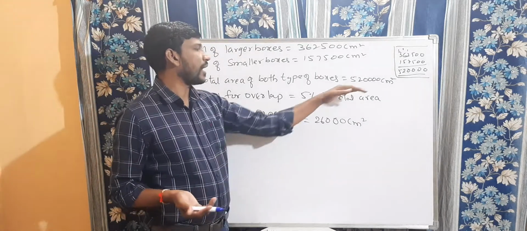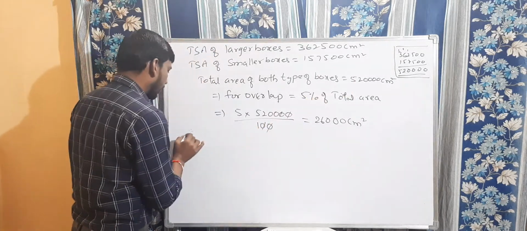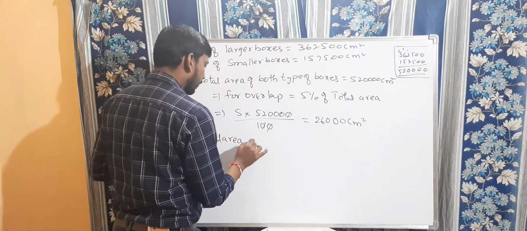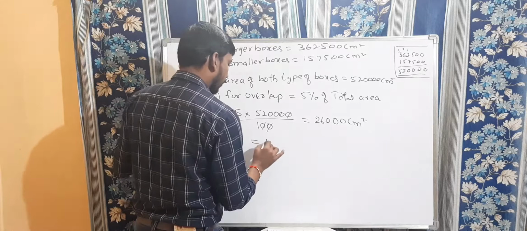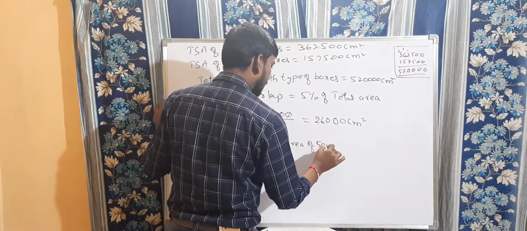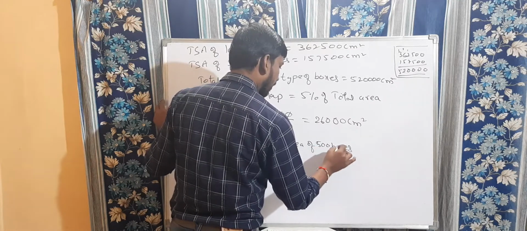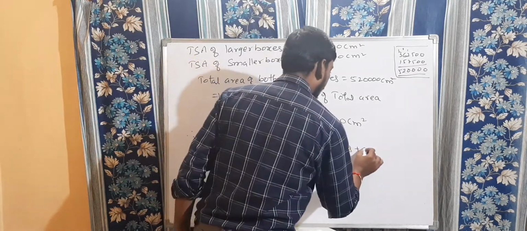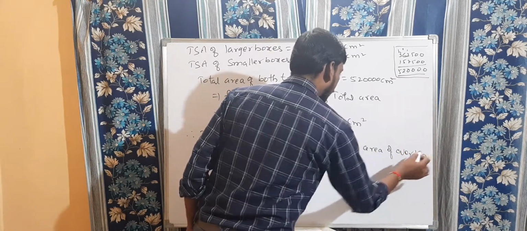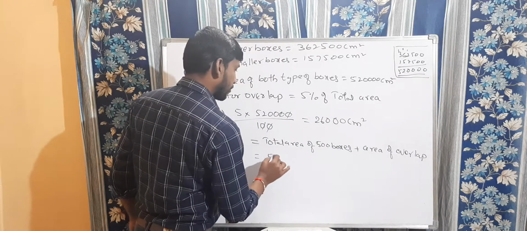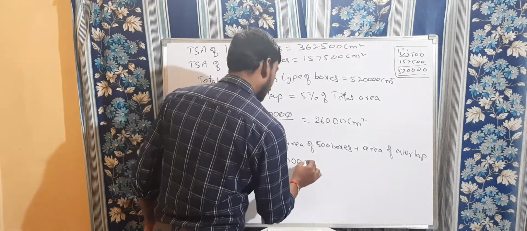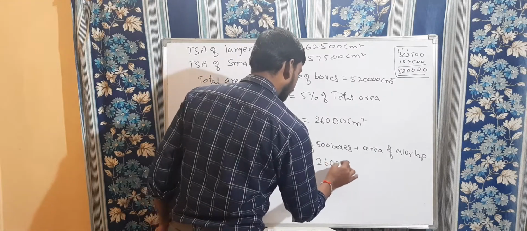Now this area we should add to the total. Therefore the total area is equal to the total area of 500 boxes plus the area of overlap, which is 5,20,000 plus 26,000.